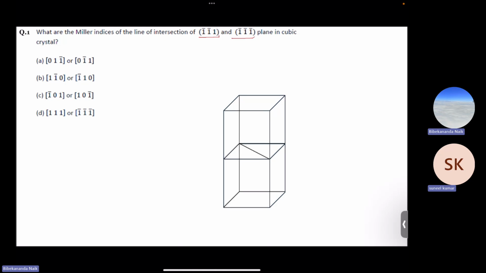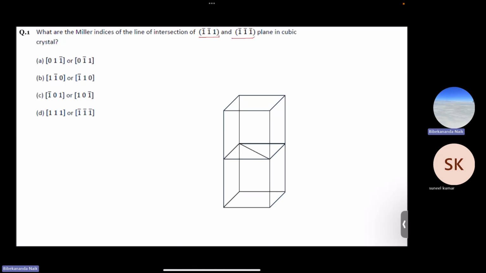so if you see, there are two planes given. So if we draw these two planes with Miller indices (-1, -1, 1) and (-1, -1, -1), for simplification, I have drawn the cubes here.